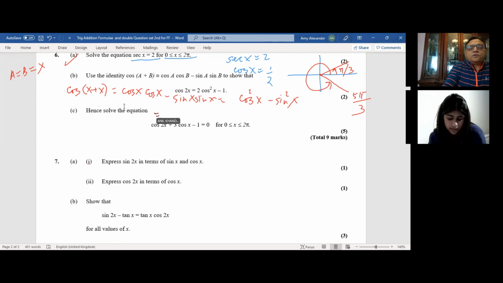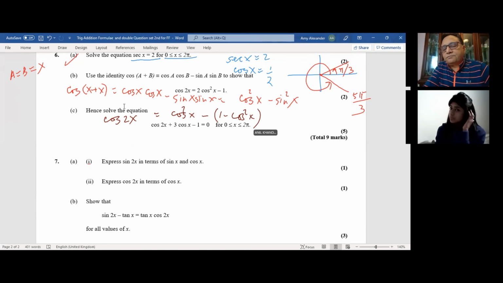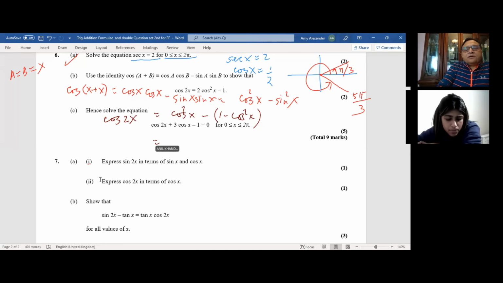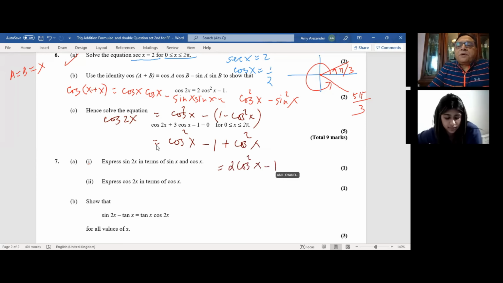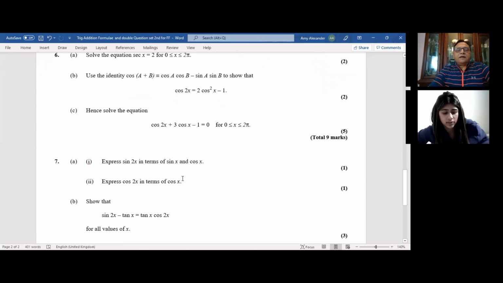We get cos 2x equals cos squared x minus (1 minus cos squared x), correct? So when you open this bracket, you get cos squared x minus 1 plus cos squared x, and that gives you the result 2 cos squared x minus 1, which is required, correct? Yeah. So that part you also know perfectly fine.